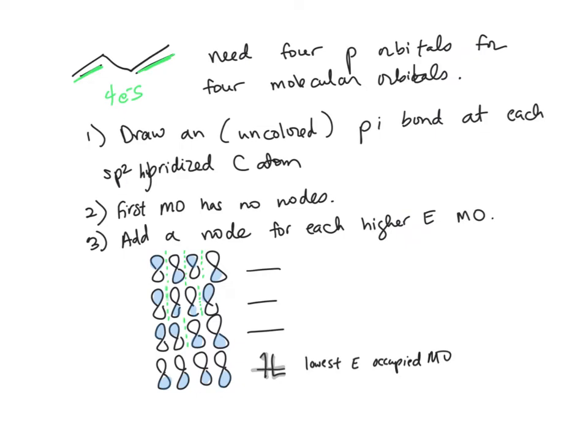We know how to populate the orbitals because we know that we have 4 pi electrons to use. So that means we can populate this second orbital up. And now we've used our 4 pi electrons. And what that says is this is our HOMO, our highest occupied molecular orbital.